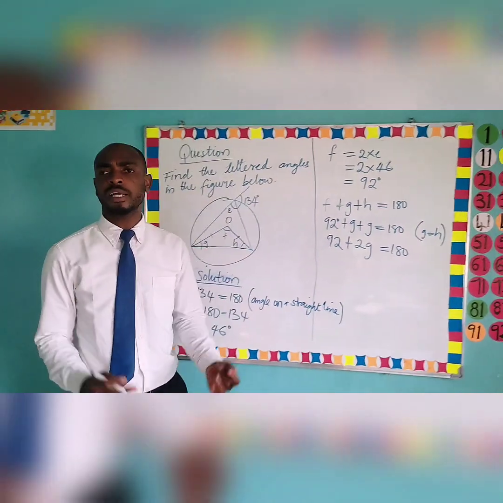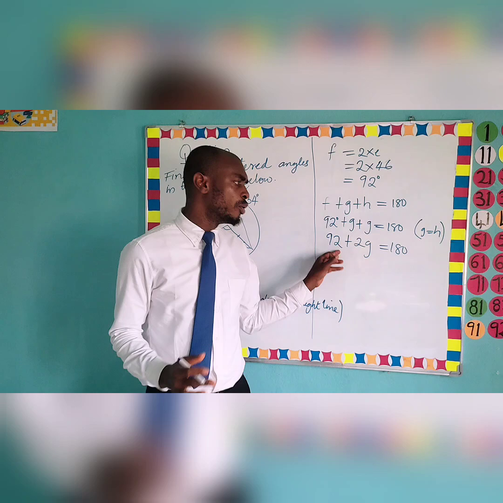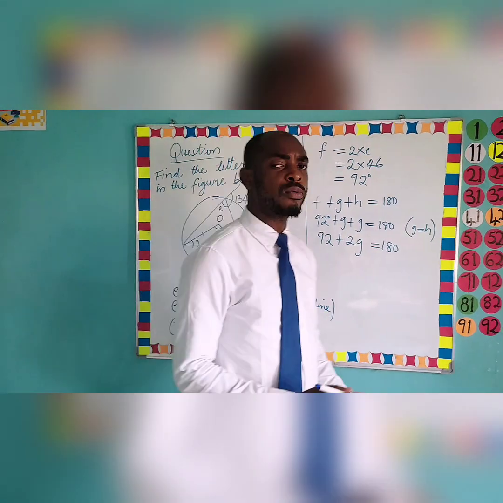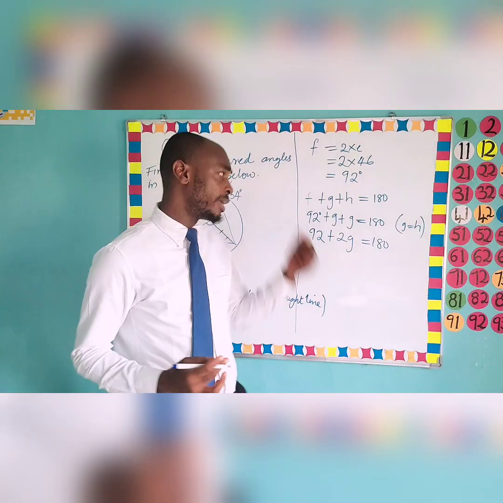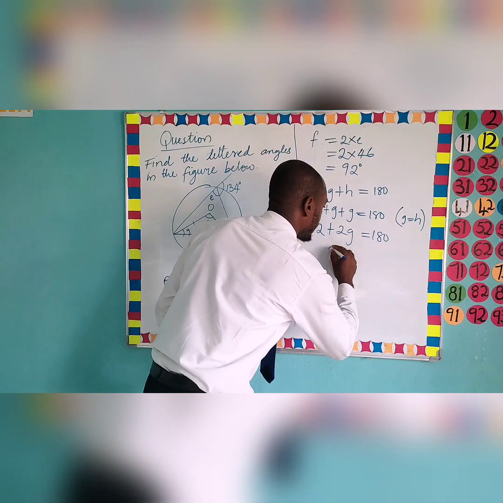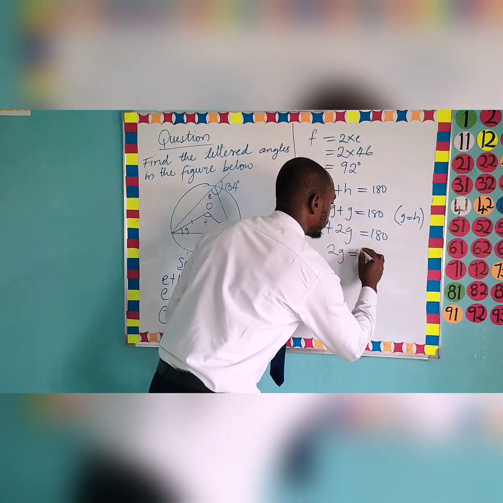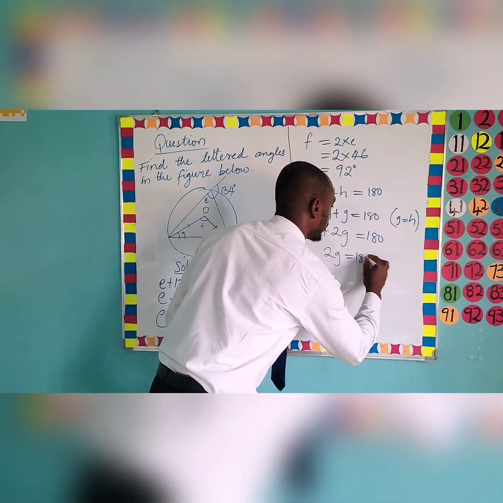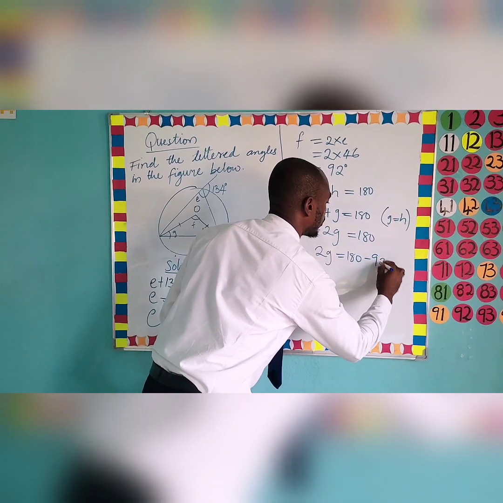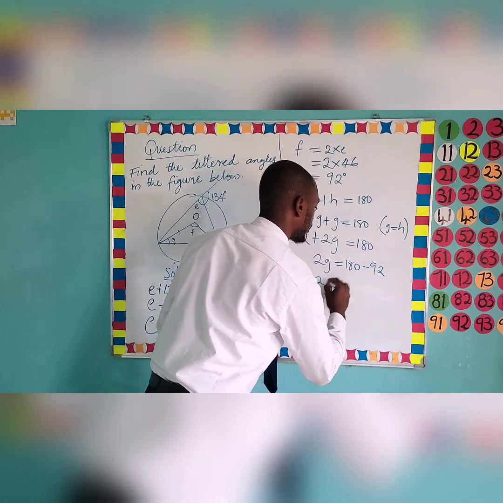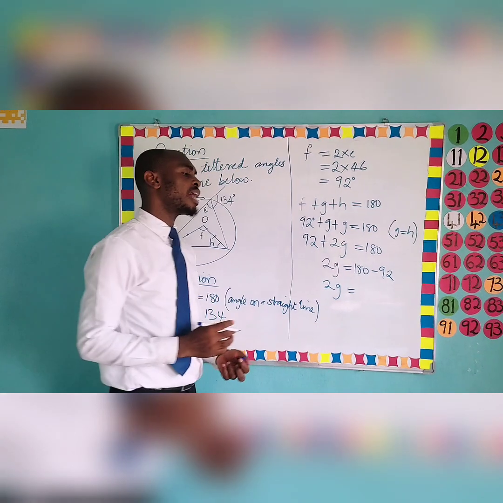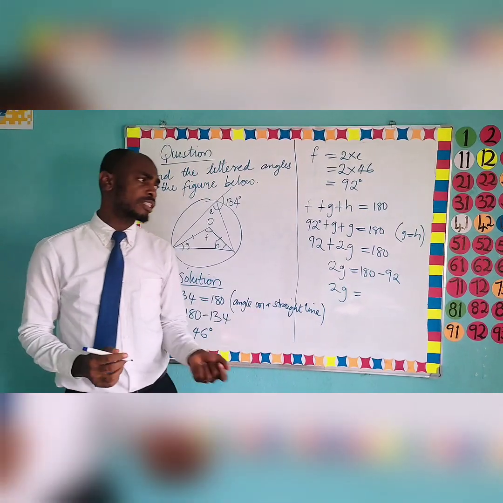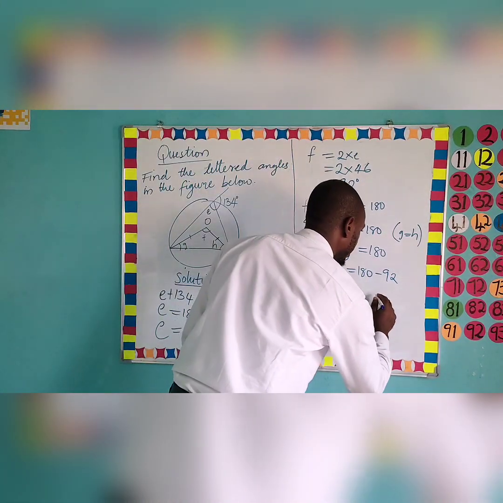So with that, we collect like terms and take the known numbers to the other side of the equality sign, so that we will be able to find the unknown. 180 minus 92, we do the subtraction together.